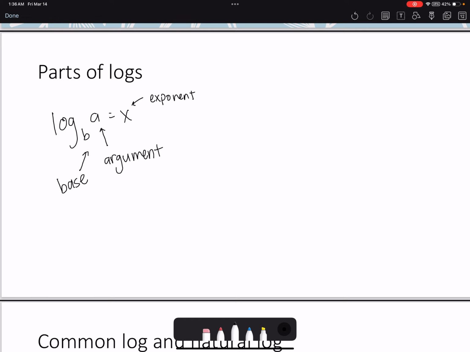If we rewrite it into exponential form, we have b to the x equals a. So b is the base, x is the exponent, and a is the argument. That's the terminology.